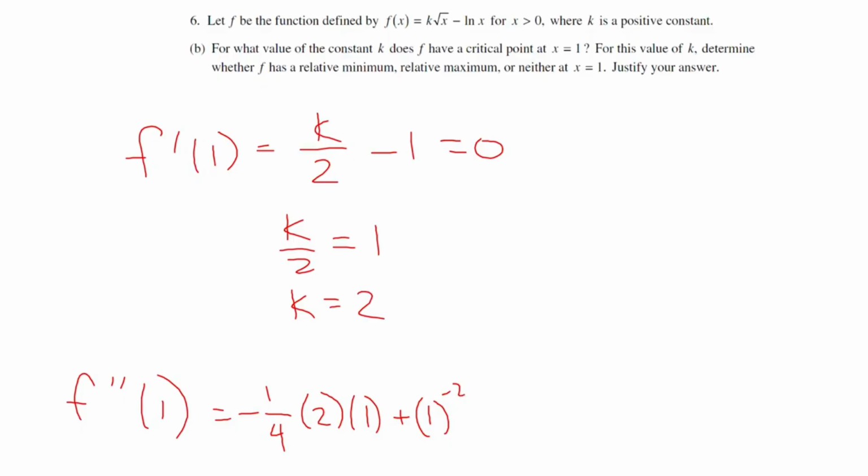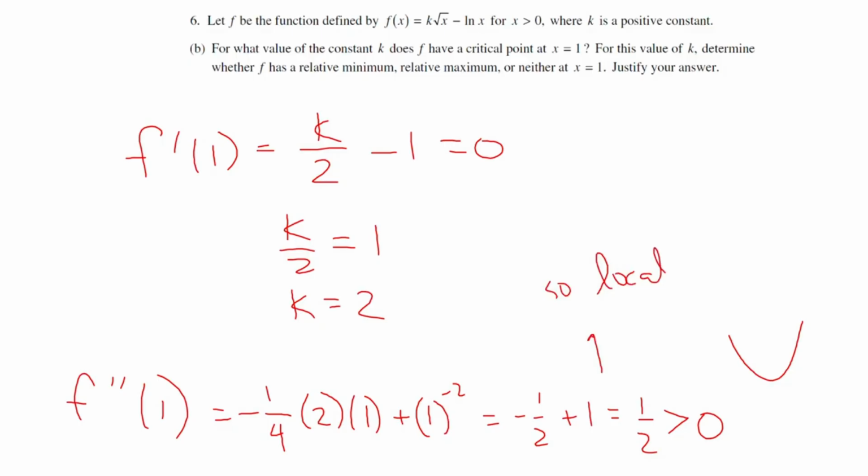So looks like we end up with negative 1/2 plus 1, which is positive 1/2. And so we'll note that that's greater than 0, and since that's greater than 0, the function must be concave up, which means that it must be a local minimum.